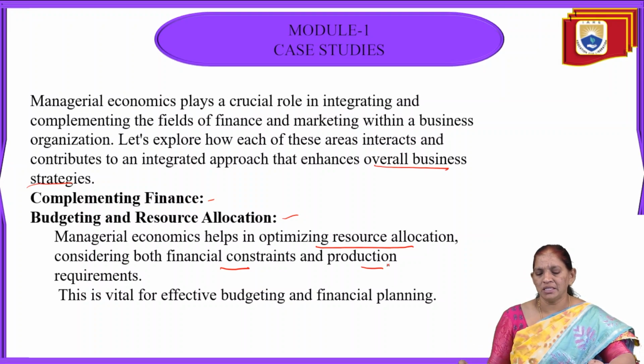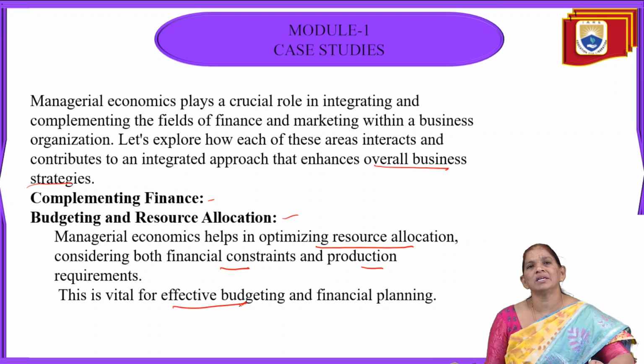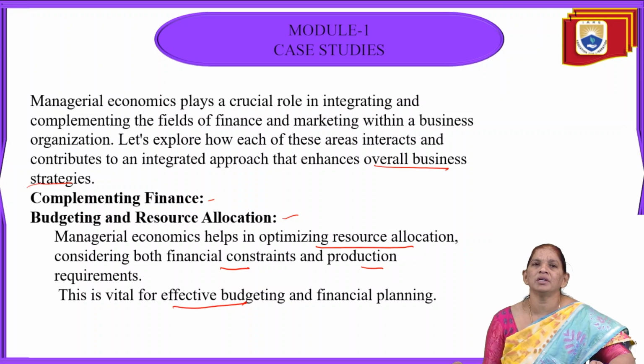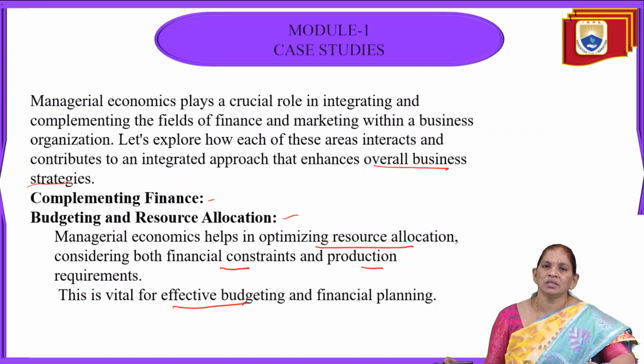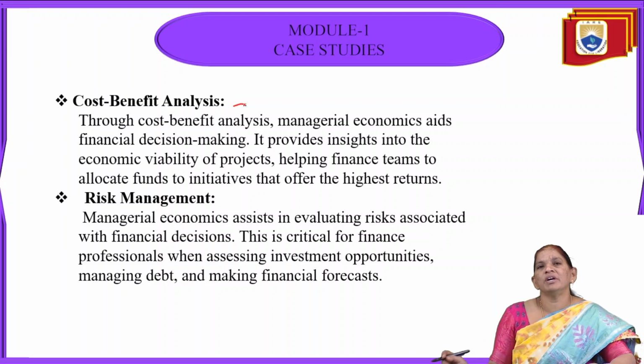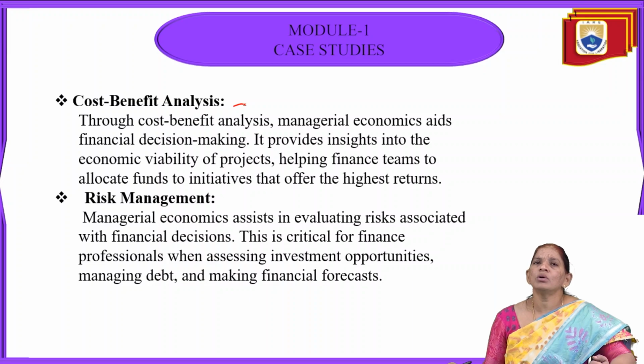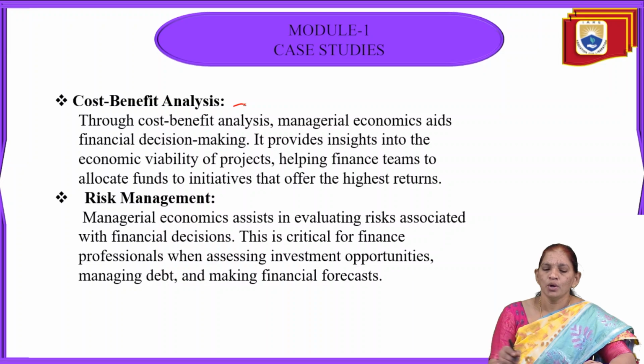Along with budgeting and resources, the vital thing is effective budgeting and financial planning in the financial discipline. And we have another thing, cost benefit analysis. When we look at the managerial role relating to finance, cost benefit analysis is always one of the important things to identify while taking financial decisions.